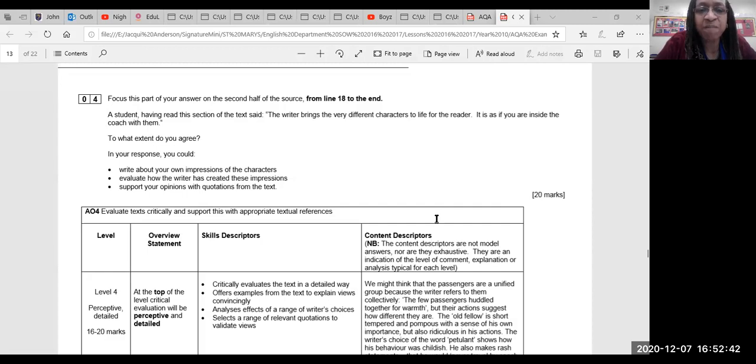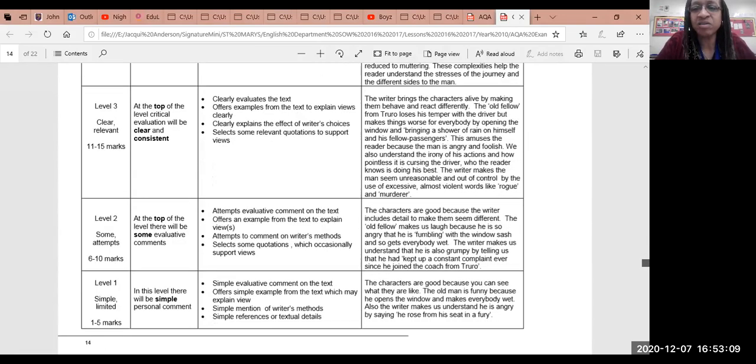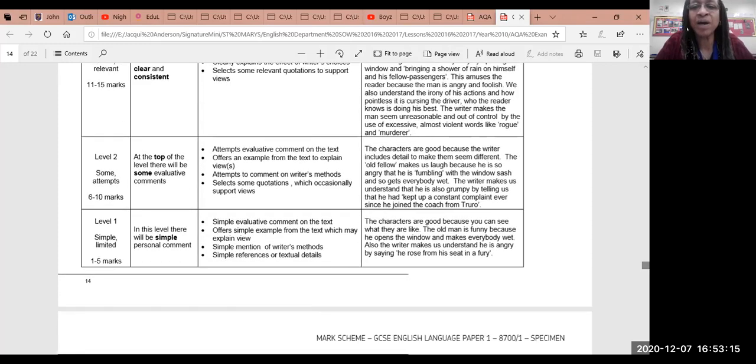So hopefully you would have been using some of those keywords to talk about how the writer created the impressions of the characters, and you use those words to evaluate how well the writer brought the different characters to life for the reader. So if we look at the mark scheme and the content descriptors, okay, for simple answers, level 1, you would talk about the characters and how they are good because you can see what they're like.